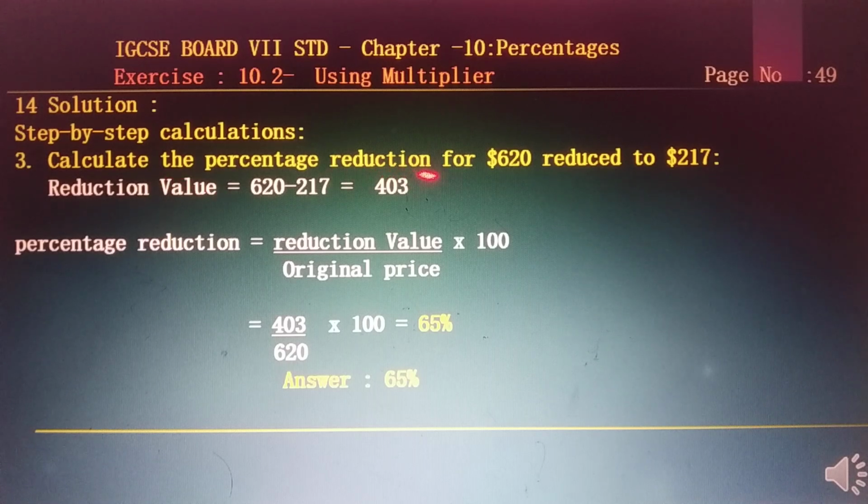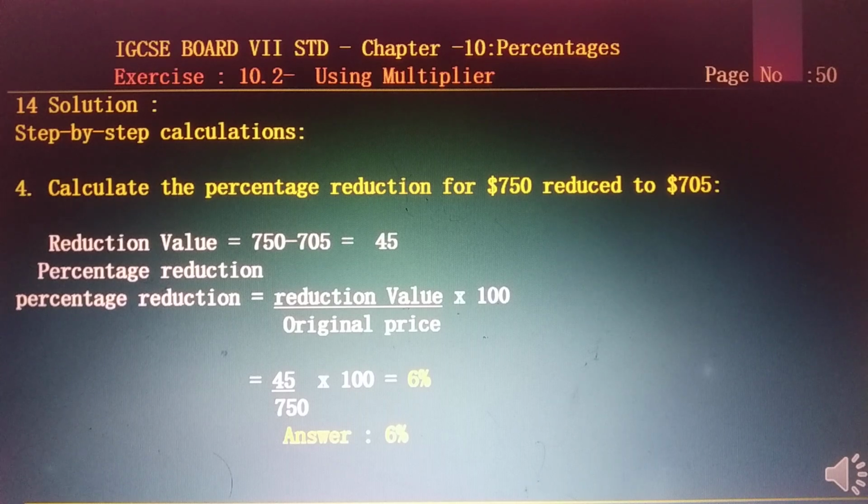Because calculation of percentage reduction from $620 reduced to $217, so the final value minus initial value we are getting 403, that is the decrease reduction value upon original value into 100, that is the percentage reduction. Based on that calculation we are getting 403 upon 620 into 100, 65%, answer is 65%.